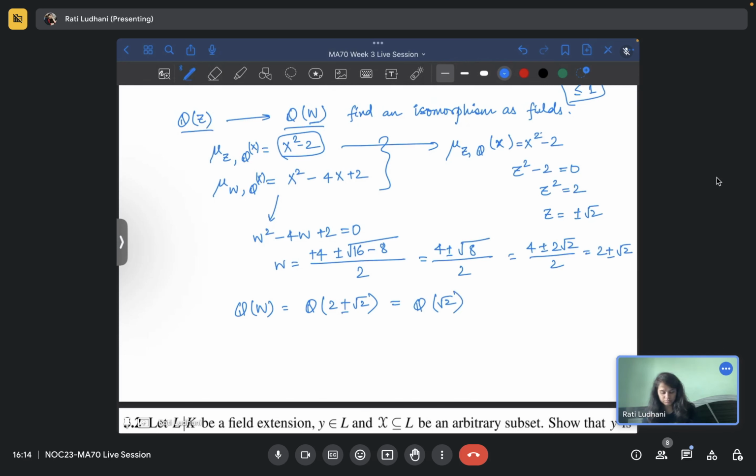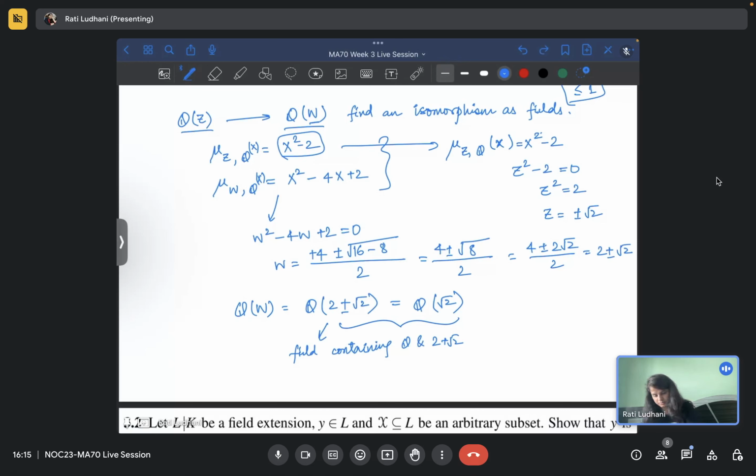As a set, this is a field containing Q and 2 + √2, the smallest subfield of C, because we should have a bigger set to talk about. So the smallest subfield containing Q and 2 + √2, or even 2 − √2.